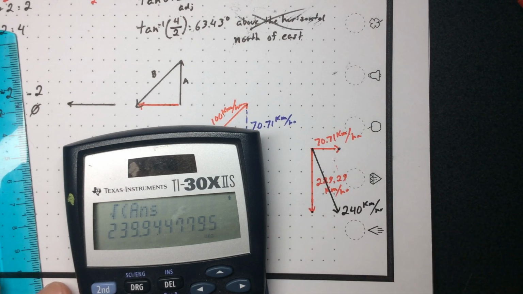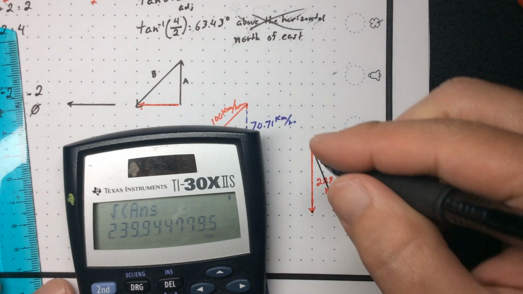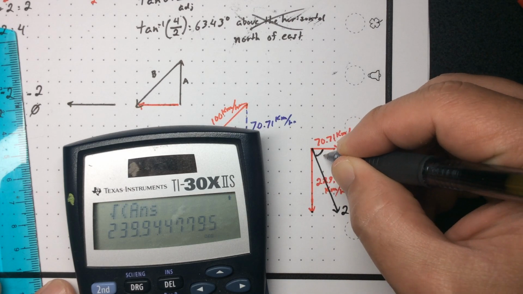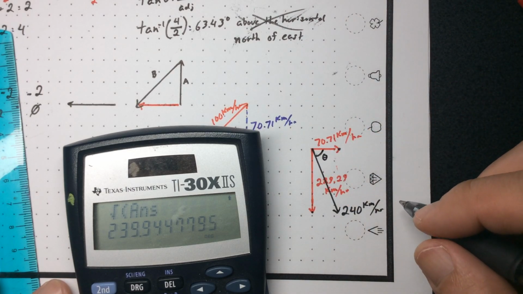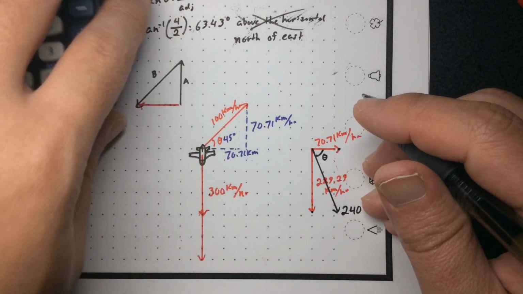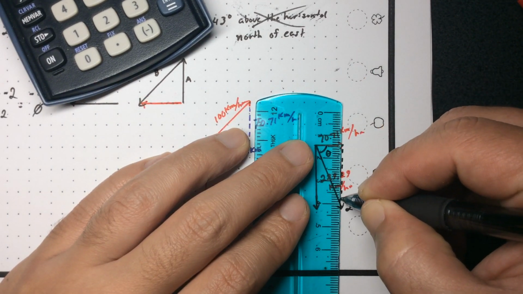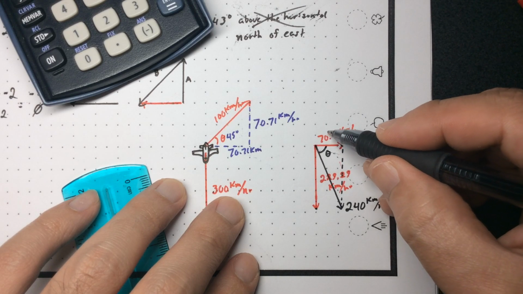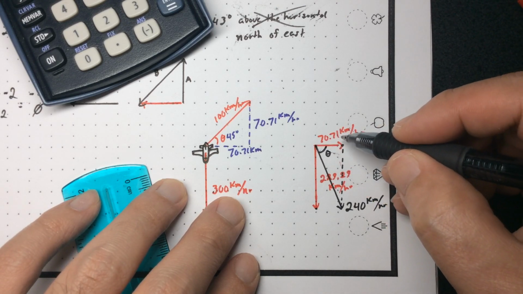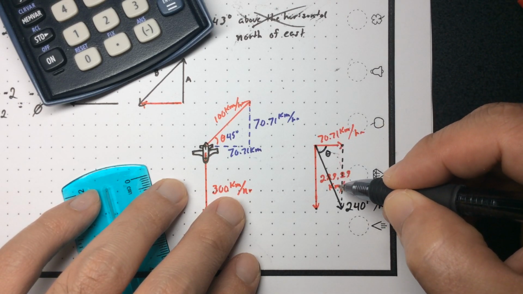Okay, and then we got to be a little bit better than that. We got to give a little bit of a direction here. So let me give this angle here. Do I know the sides to this triangle? I should, because this side is 70.71, the horizontal side. The vertical side is 229.29.